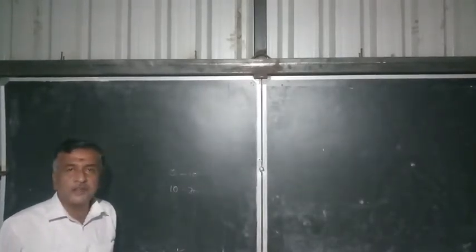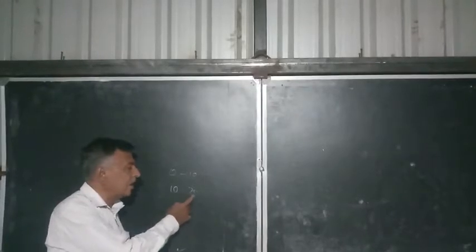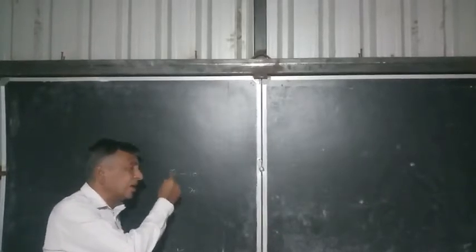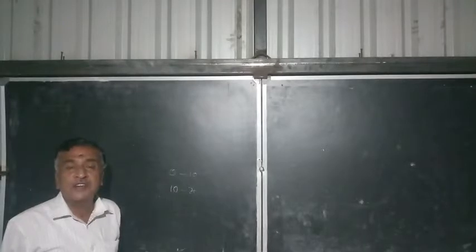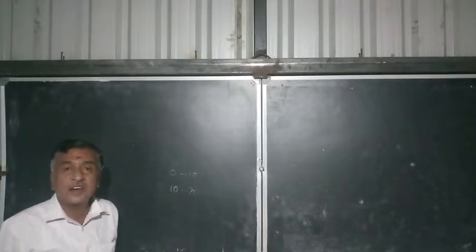See here, the lower limit is 0 and the upper limit is 10. In the second class, the lower limit is 10 and the upper limit is 20. The difference between the lower limit and the upper limit of the class is called class interval.